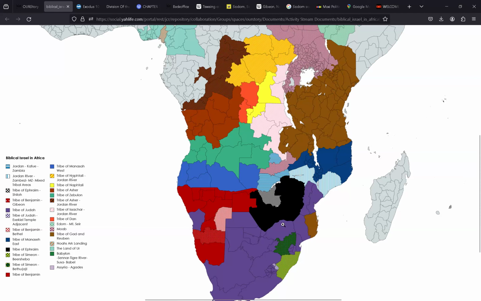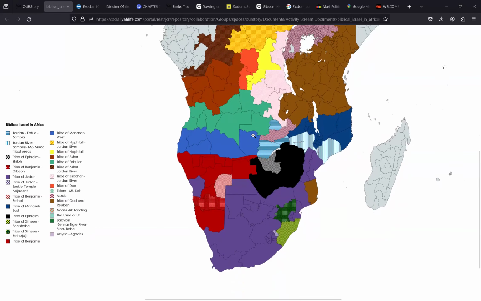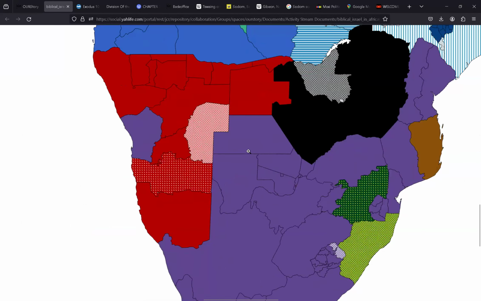I read that David purchased land and started to build a temple, or Solomon built the temple. I'm not sure, but I was wondering where I could get information on why that is considered to be the temple.